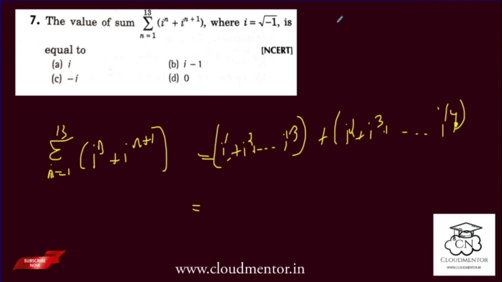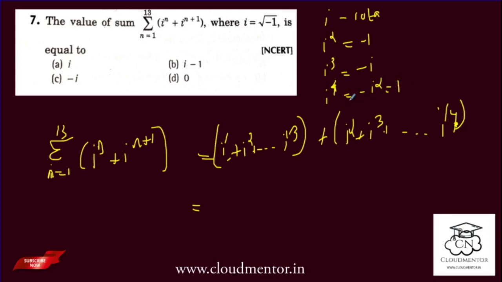Taking the first four as an example: i, then i square equal to minus 1, and i cube, that is minus 1 of i, that is minus i, and i raised to 4 is minus i of i, that is minus i square, which is minus of minus 1, that is 1.